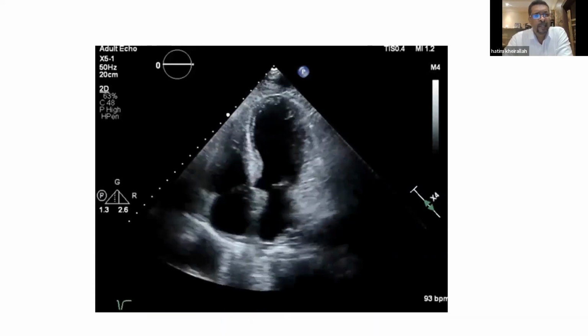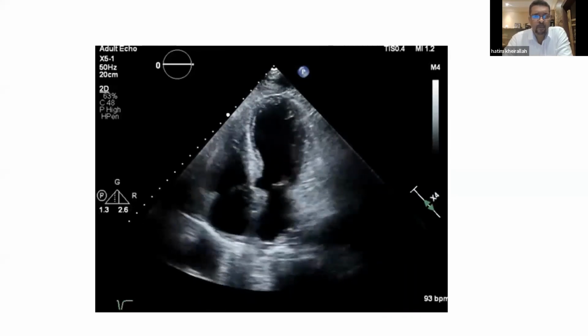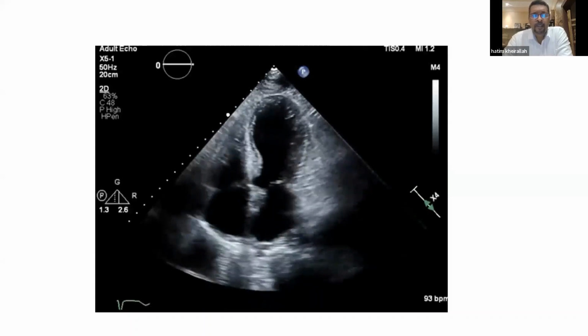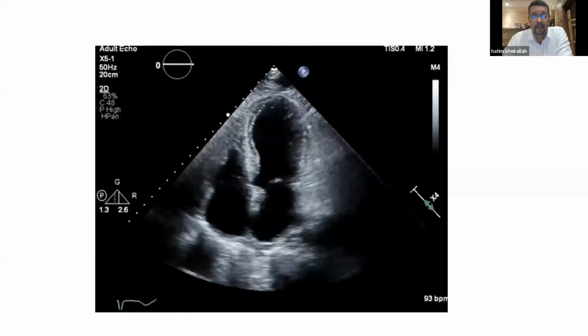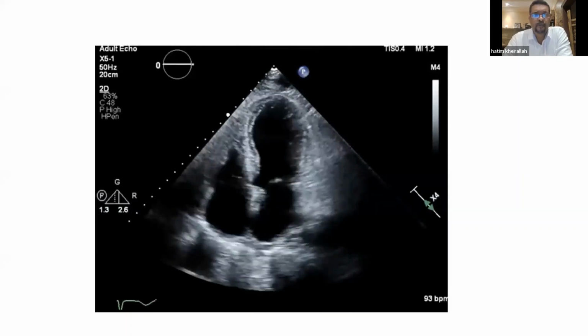No matter what clinical and diagnostic data you have in hand, you still have to rule it out by coronary angiogram, right? Because the risk of missing myocardial infarction is really hefty. So Takotsubo or stress-induced cardiomyopathy is so far diagnosed retrospectively. After we do coronary angio and see the coronaries are normal, we find out that this is Takotsubo.